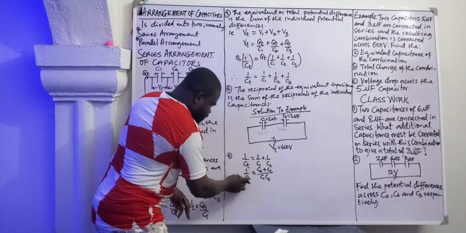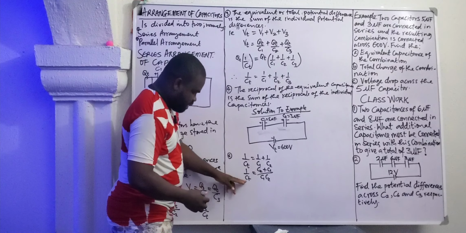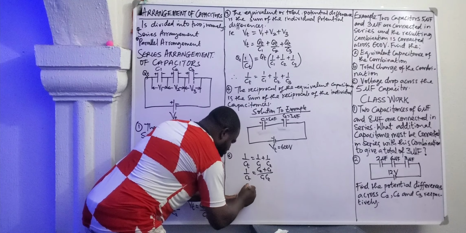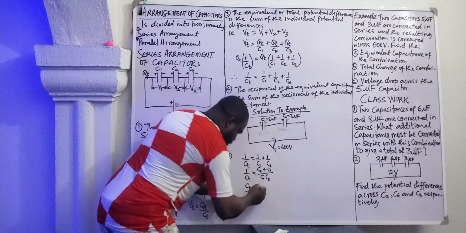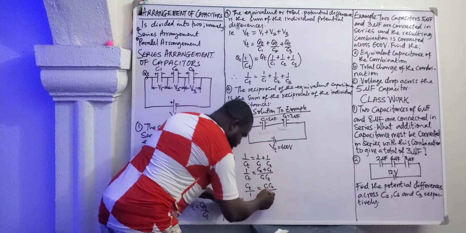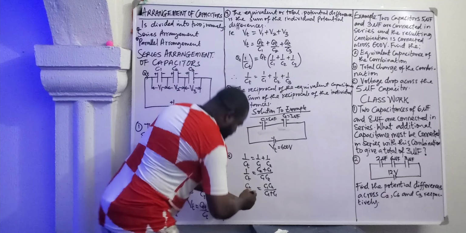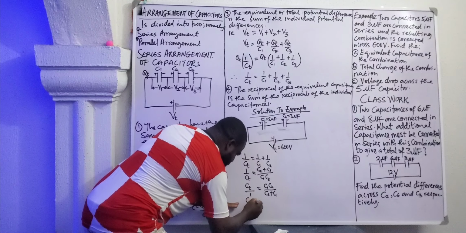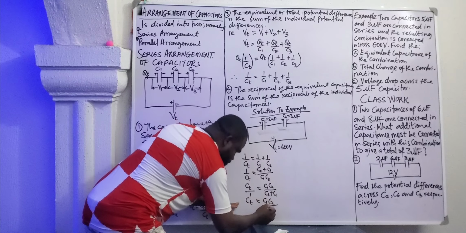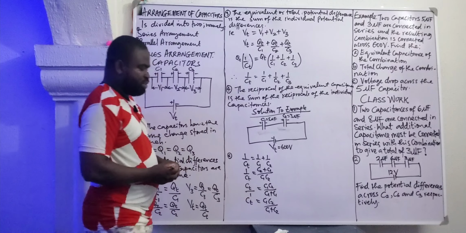Now, this 1 over means inverse or reciprocal, like I said. So I can invert it. I will carry CT up, divided by 1. Then I will carry C1 C2 up and divided by C2 plus C1. I can rewrite this as C1 C2 over, in the denominator, I will bring C1 first, C1 plus C2. What does that show me?